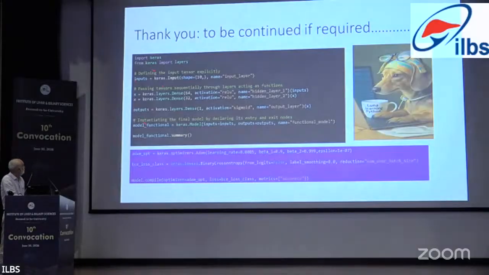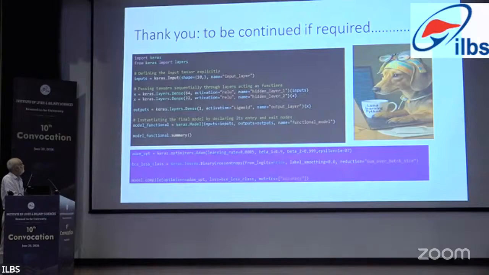Don't bother with all these codes. It only indicates that with these 6 lines we can code whatever I told you. This is the input layer we have to define. These are the hidden layers you have to define. 64 is the number of neurons. Activation is the activation function you want to use.